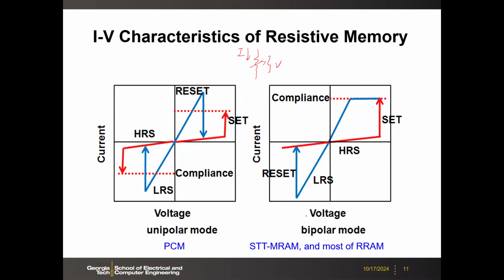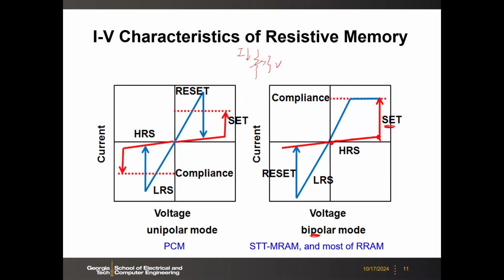So for example, in the STT-MRAM, most of the RRAM is bipolar. That means, for example, you start with the high resistance states. When you ramp up the voltage, because the resistance is high, current is low. But beyond a certain threshold, the set operation will switch the device from high resistance state to the low resistance state.